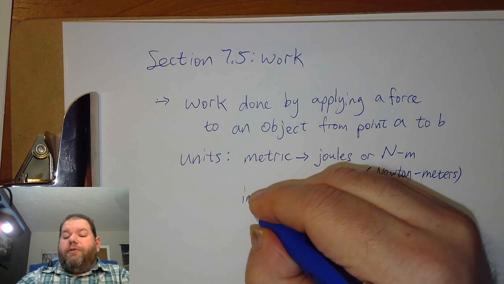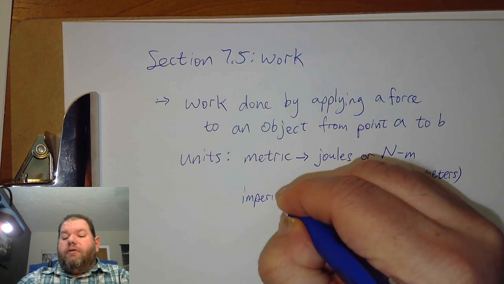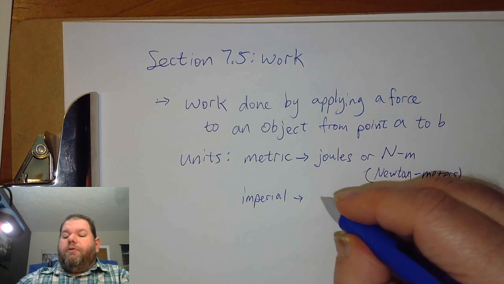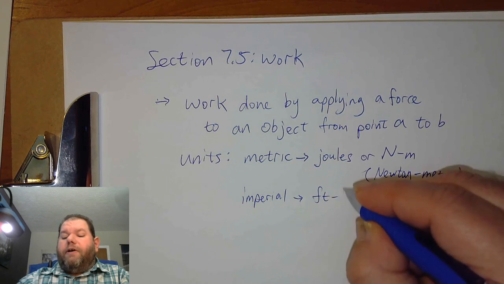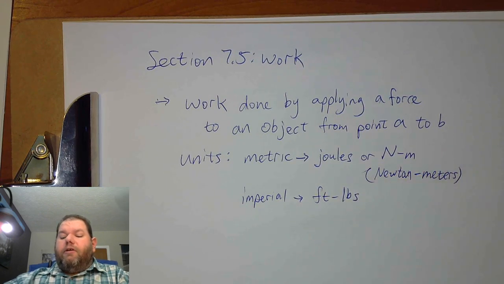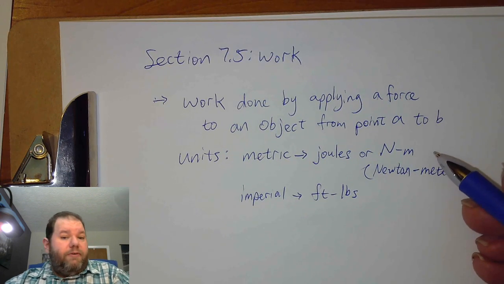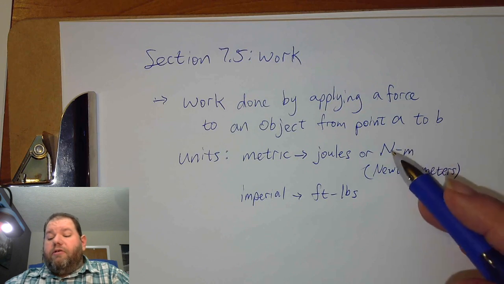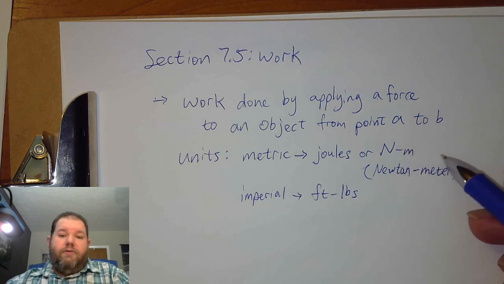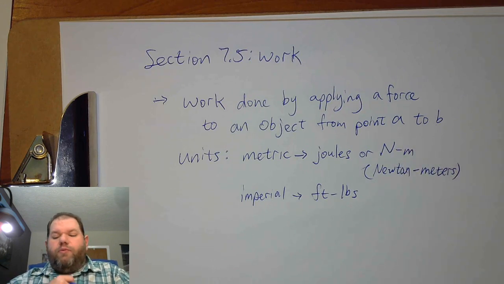In imperial units, we would use foot pounds. And we can adjust from there. Like, we could actually use Newton kilometers if needed, or kilonewton meters, or whatever relative size is appropriate here.